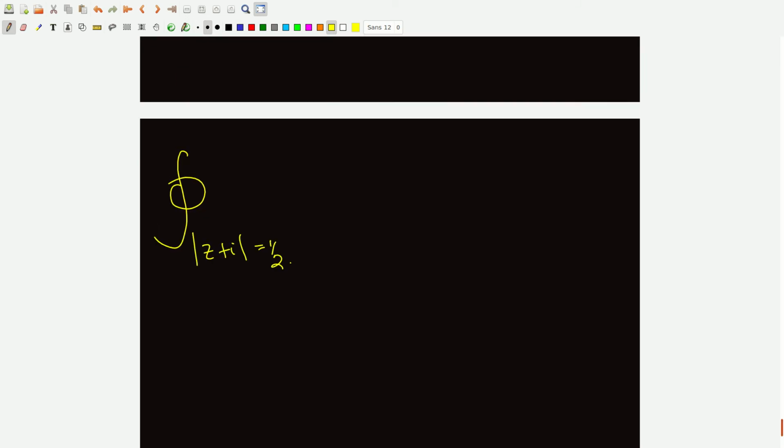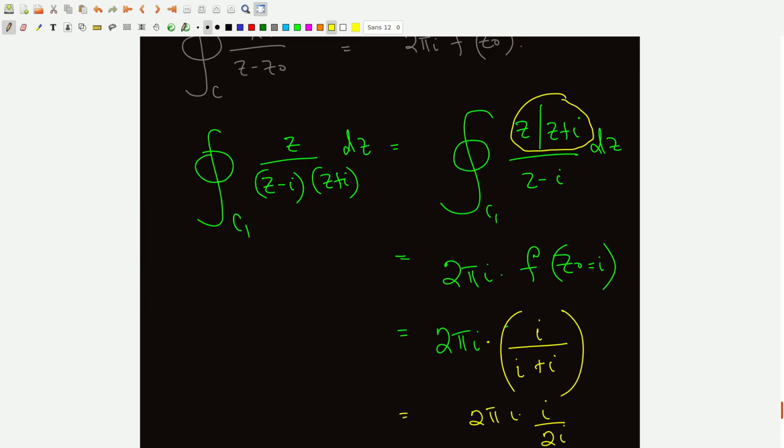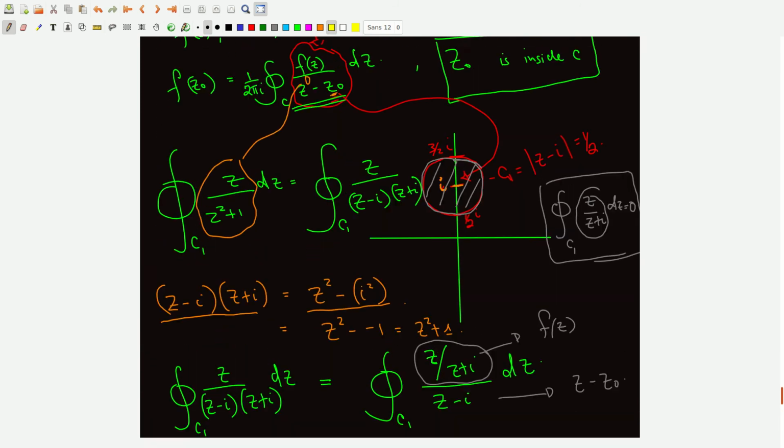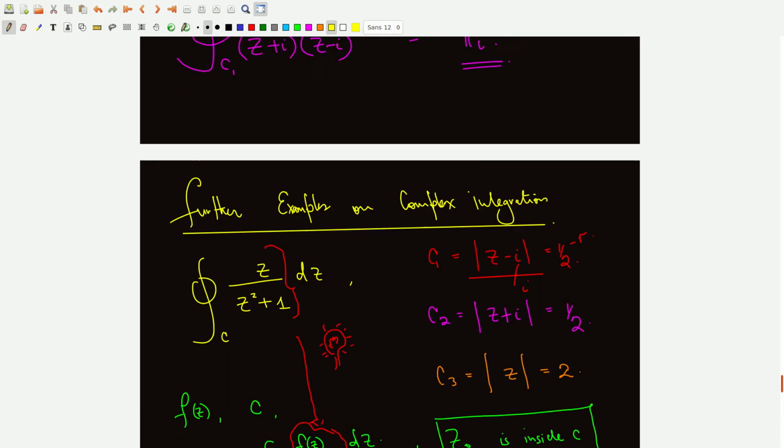Great. Now let us look at what if we wanted to integrate over the next part, C2. What was C2 given as? C2 was given as the absolute modulus of z plus I equals 1/2. So we realize that this is a circle centered at negative I with radius 1/2. So where is our C2 here?